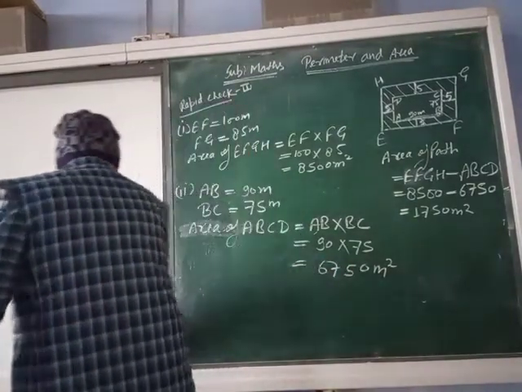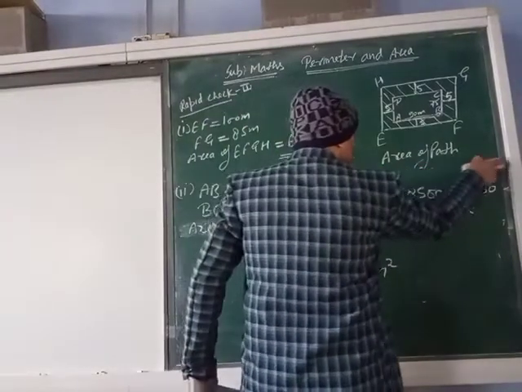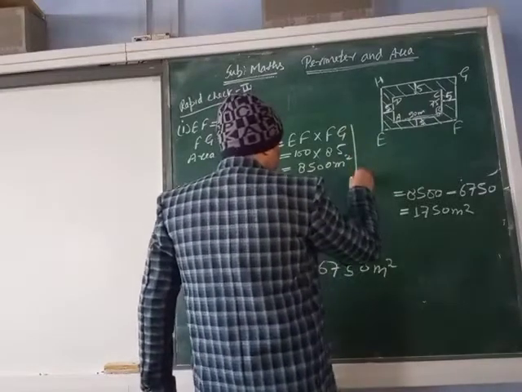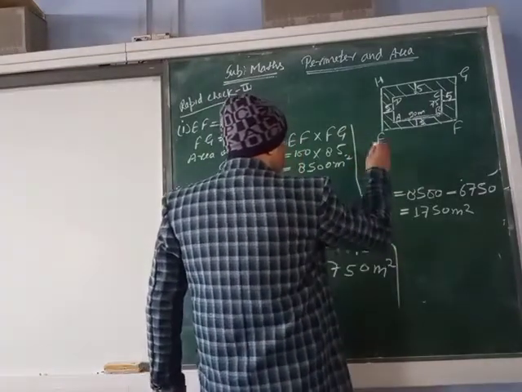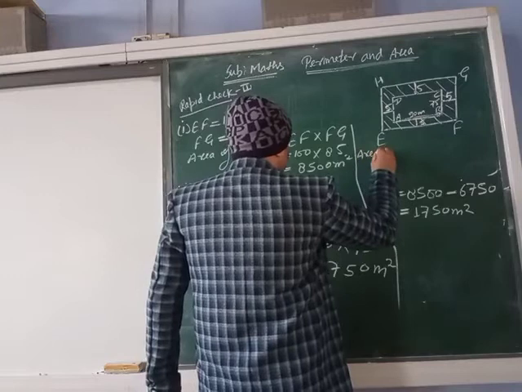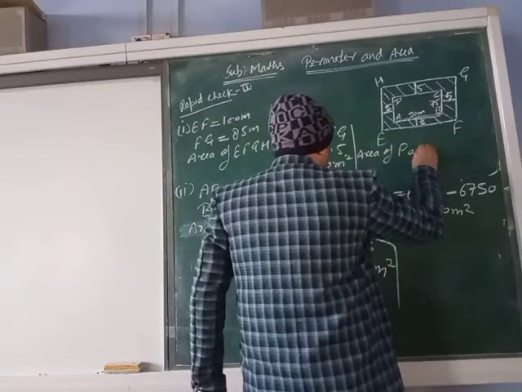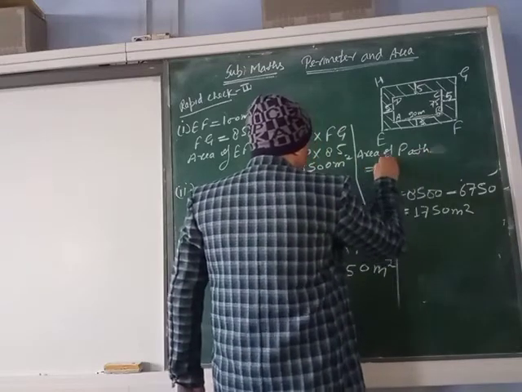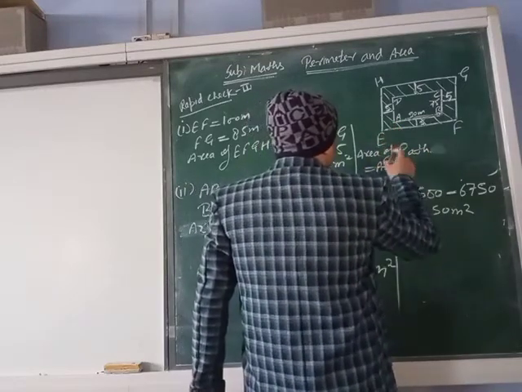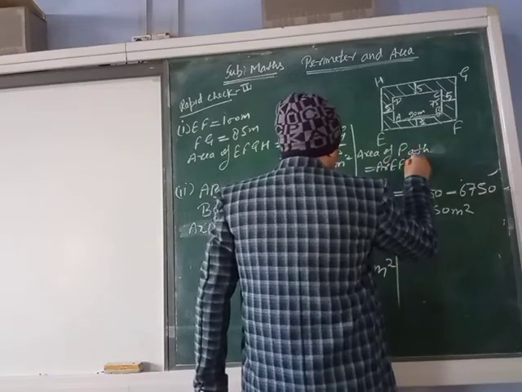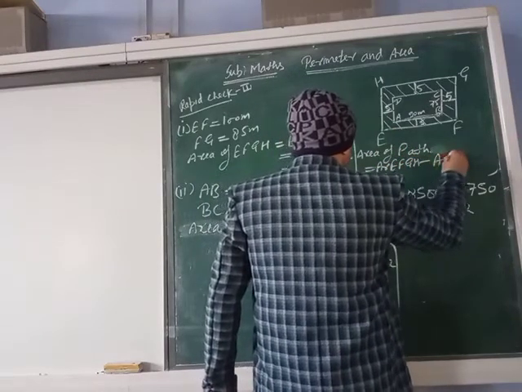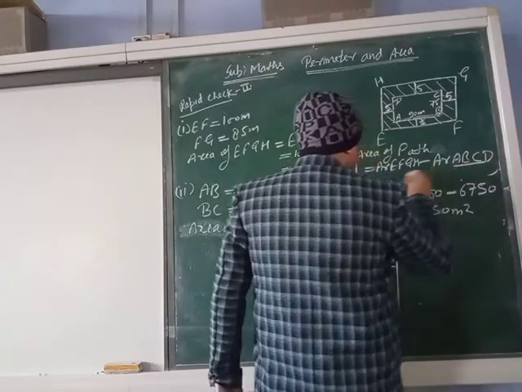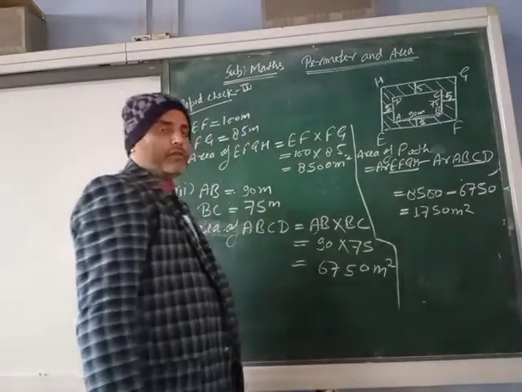Here, fill up one more thing. See, area of path is equal to area of EFGH minus area of ABCD.